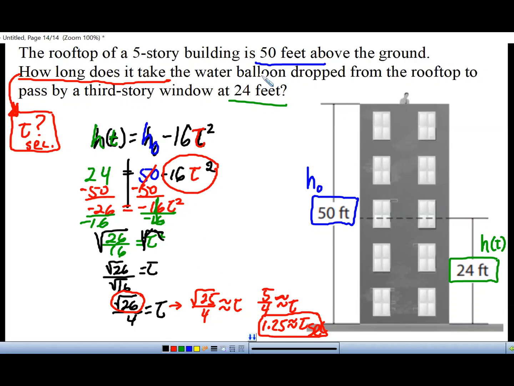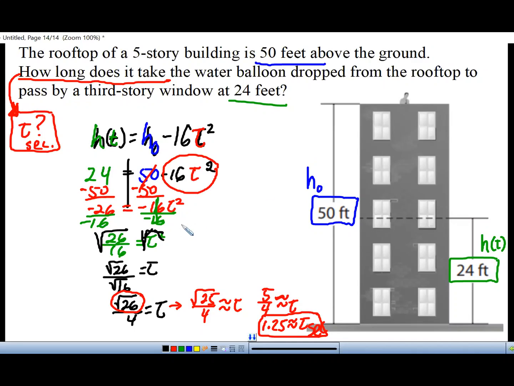It says, how long does it take the water balloon to drop from the rooftop to pass by the third story window at 24 feet? Okay, so write your sentence. And if you can share that, let's see, what would be your sentence? Help me out. Danny, what would be a sentence to answer that question?